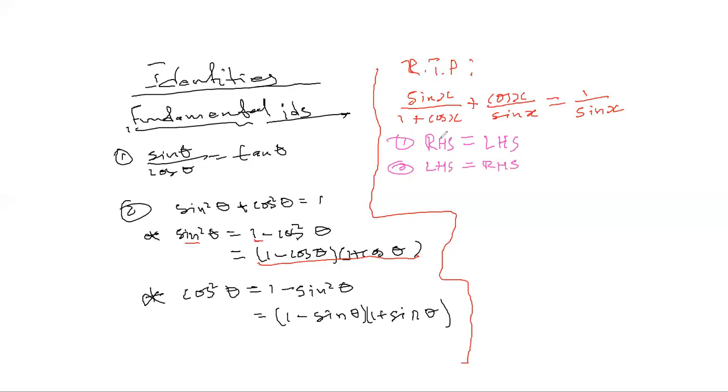So what this means is I can move from right to left. Number two, I can move from left to right. Or I can simplify left and also simplify right, and then where I see that they are giving me the same thing, I can stop right there.